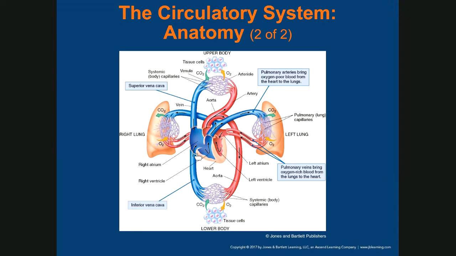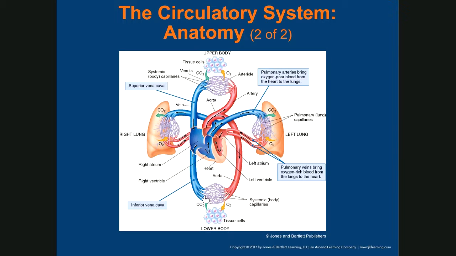So we are starting on the right side of the heart, right? So you have the superior and inferior vena cava, right? The superior vena cava receives blood from the upper portion of the body. The inferior vena cava receives blood from the lower portion of the body.